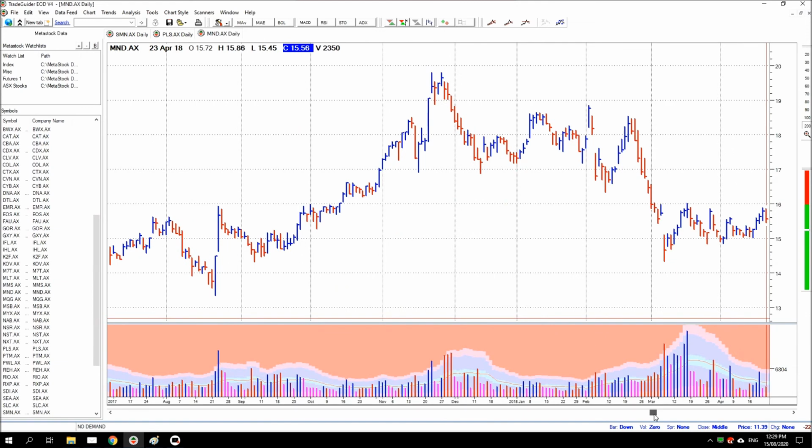If we move a little further forward, 3 or 4 months forward in time, there you can see price has continued higher, with buying waves generally longer than selling waves.